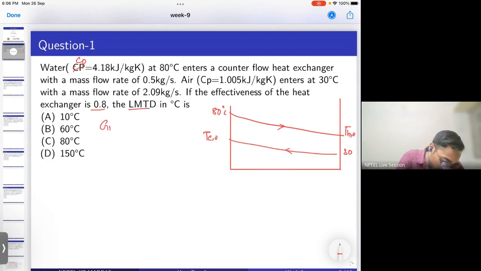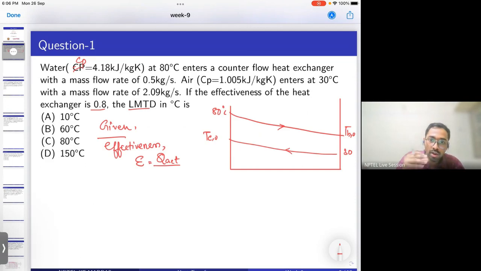The effectiveness is given, that is epsilon, which we already defined as Q actual, the actual heat transfer happening in the heat exchanger, divided by the maximum possible heat transfer that can happen in the heat exchanger. This concept I already discussed in the previous session. This is given as 0.8.